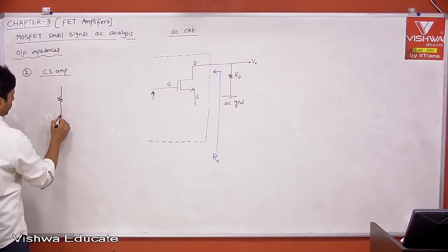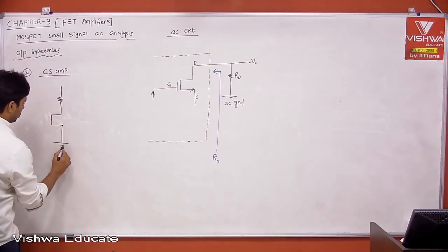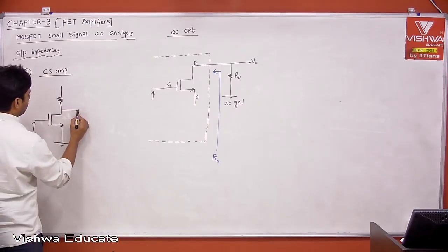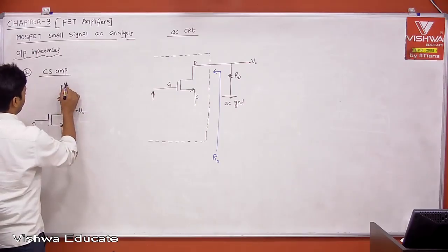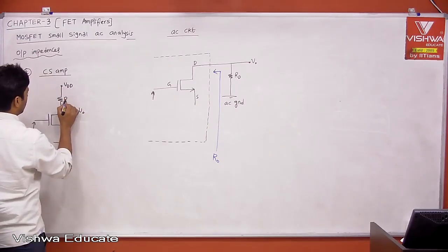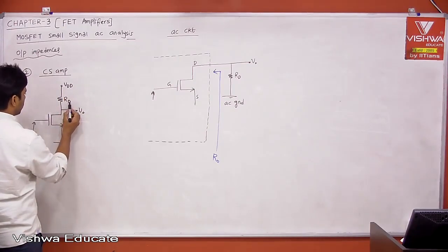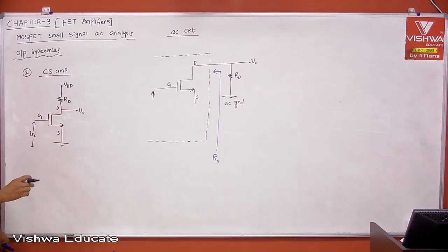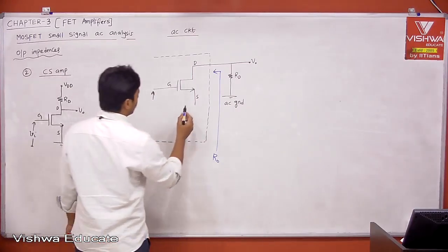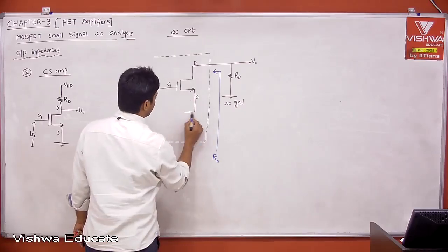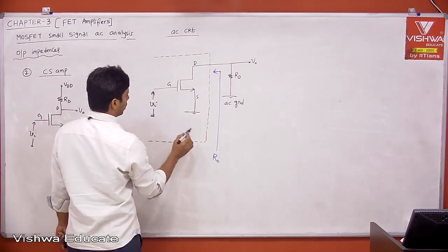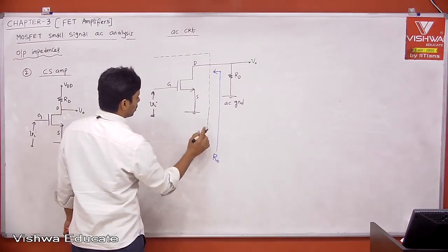This is the circuit. This is the input and this is the output. VDD, RD. This is drain, source, gate. Now if you see here, this is the AC circuit. If you take the AC circuit, this is ground, and this is your input voltage.